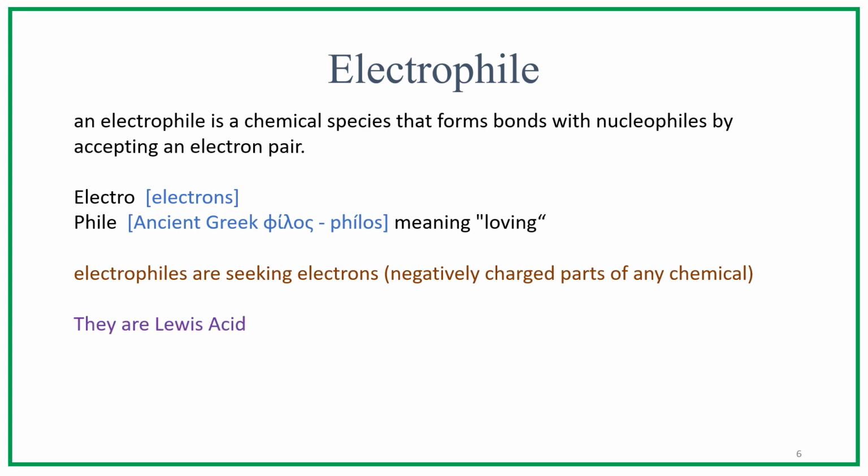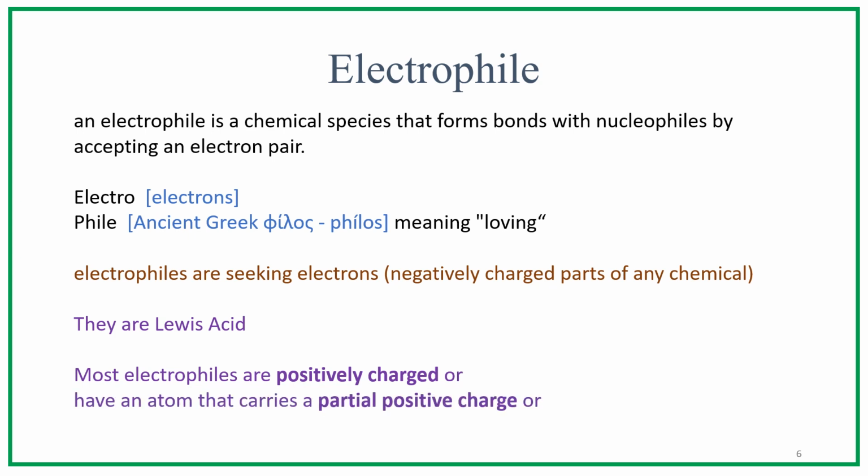They are Lewis acids, as we know from Lewis structures which type of compounds are electron accepting compounds. Most electrophiles are positively charged, or have an atom that carries a partial positive charge, or have an atom that does not have an octet of electrons.